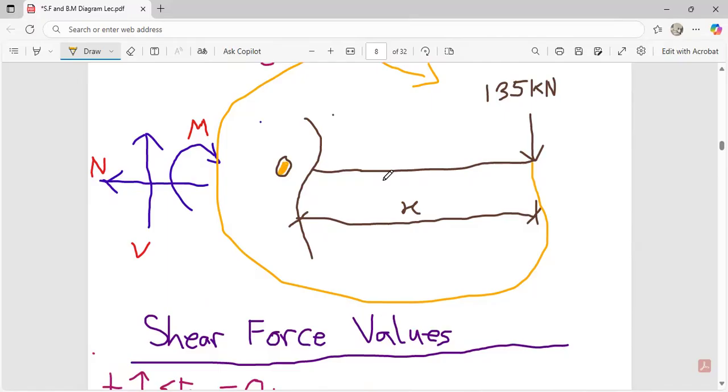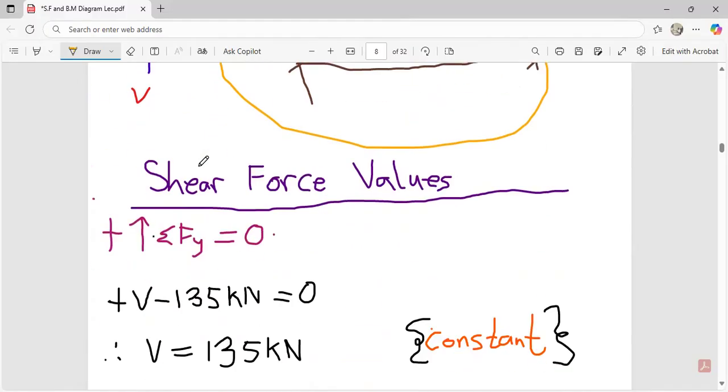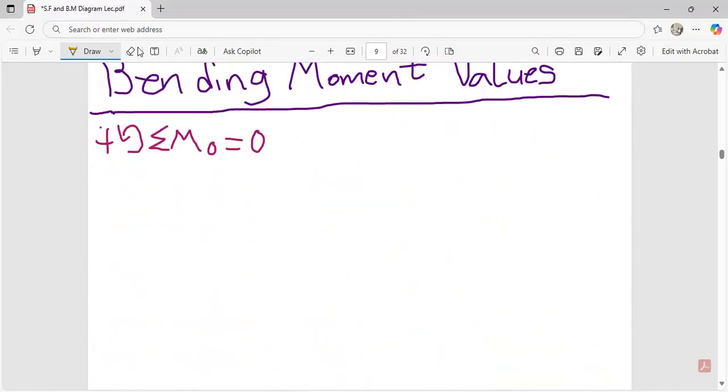And the moment over here, which direction is it moving? It is also moving in a clockwise direction, so it's obviously also going to be negative. So let's all write that together. I'm going to get minus, bracket open, 135 times x, bracket close, minus the moment M, is equal to 0.